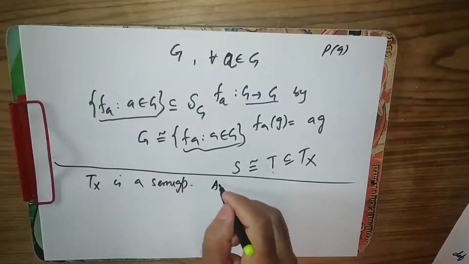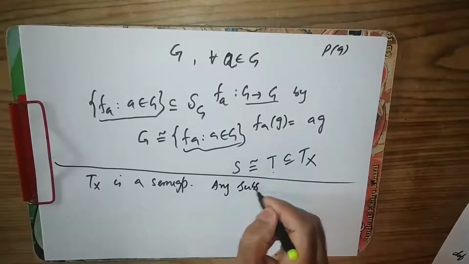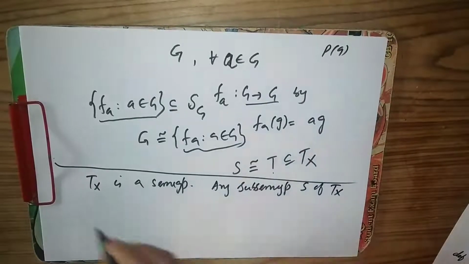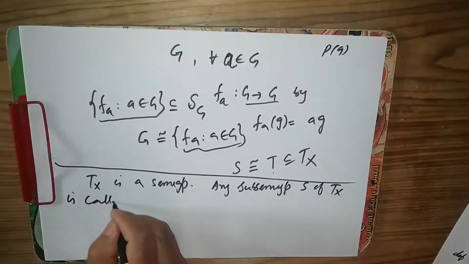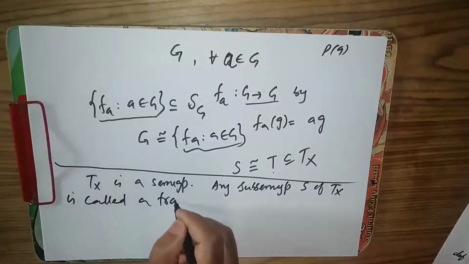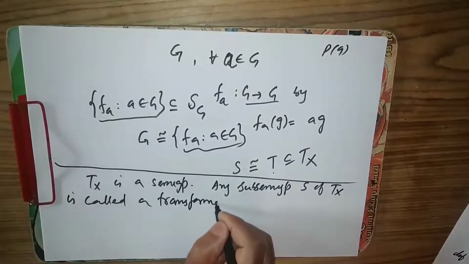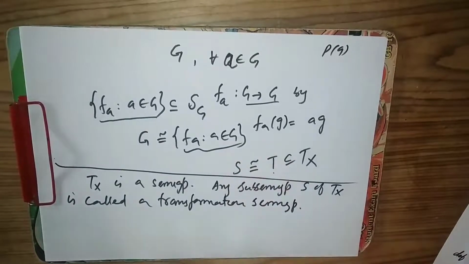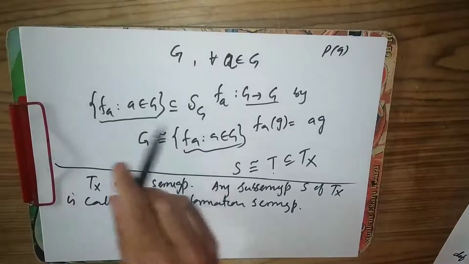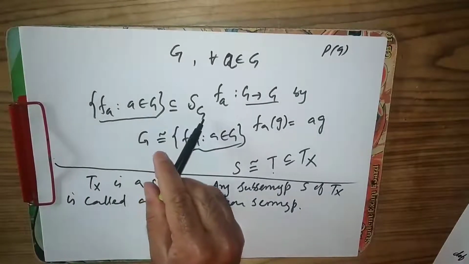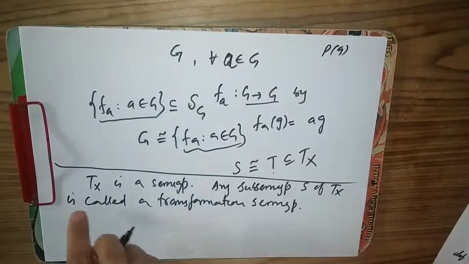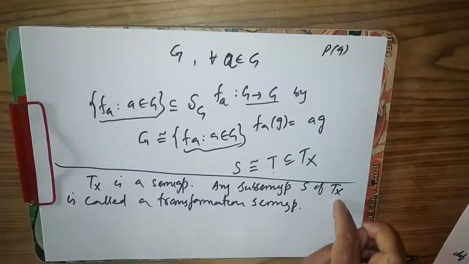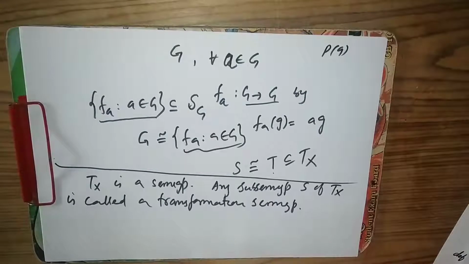Any sub-semigroup S of T_X is called a transformation semigroup. Like any subgroup of the full permutation group is called a permutation group, and same is here. Any sub-semigroup S of the full transformation semigroup is called a transformation semigroup.